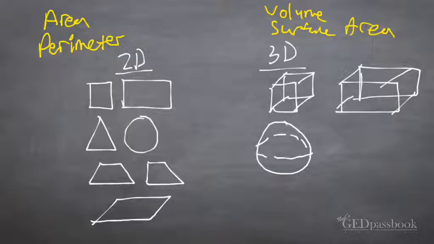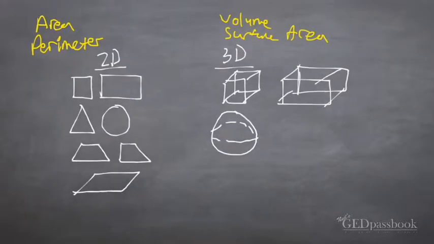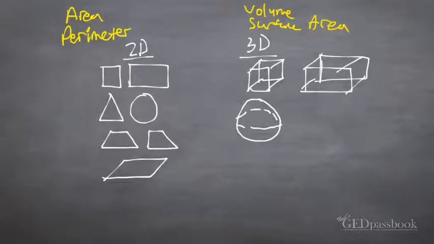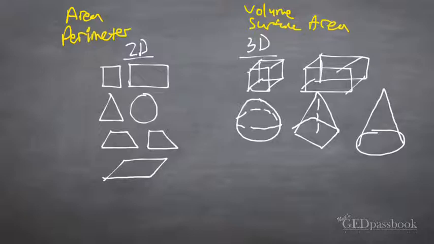What else do we got? Pyramid. Good, good. We have a pyramid. What else? I'll give you its counterpart, the cone. It's all there in the formula sheet. What's another one?